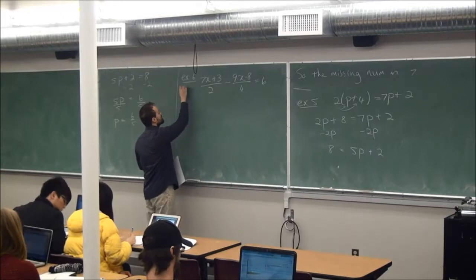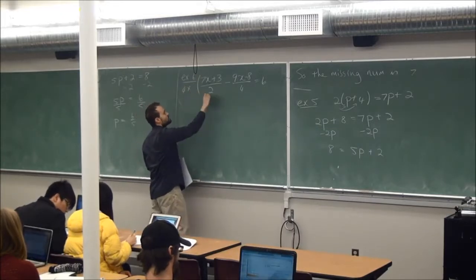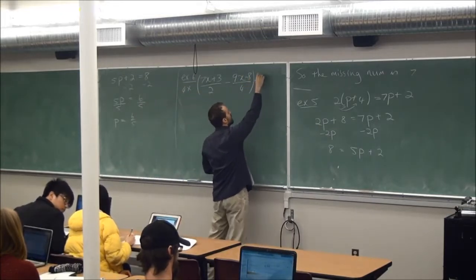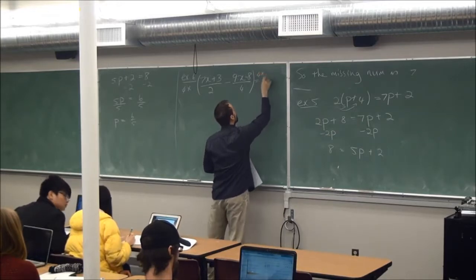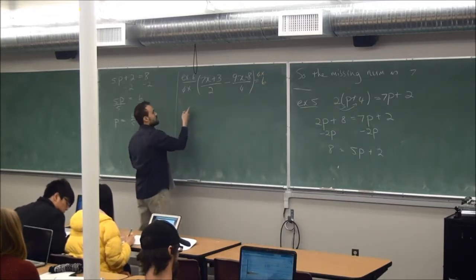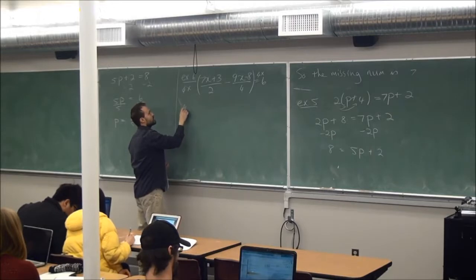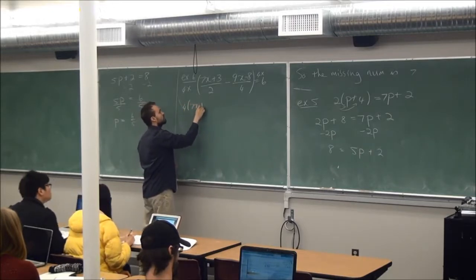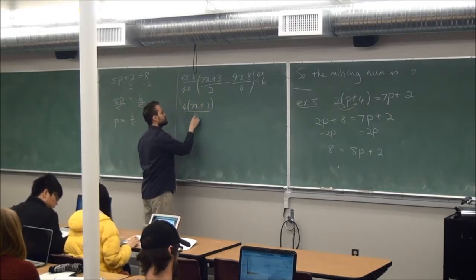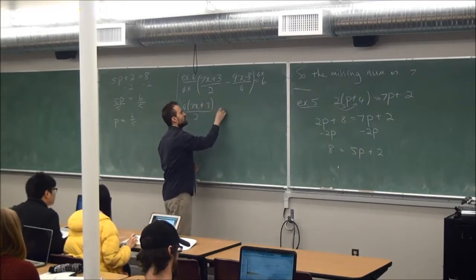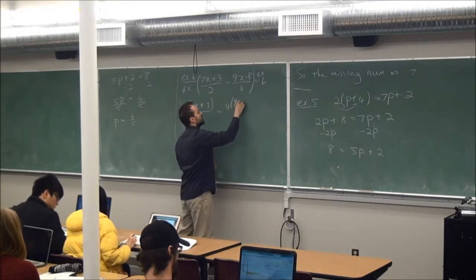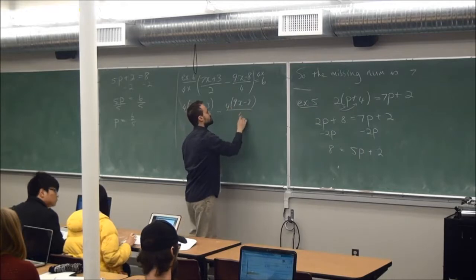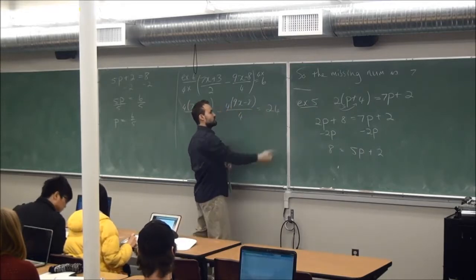So let's say 4 times everything on the left and then 4 times everything on the right. Let's write down the steps so everyone is sure what we're doing. 4 times the first term, 4 times the second term. And the right-hand side is 24.